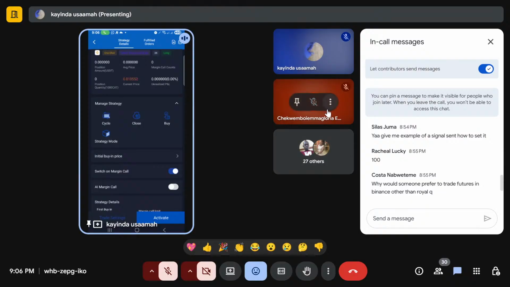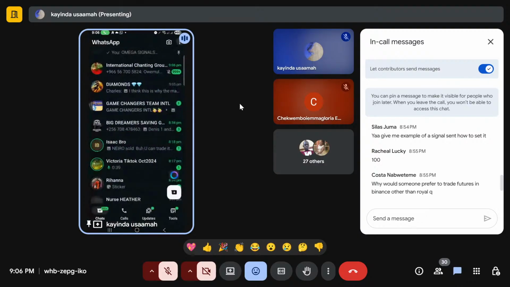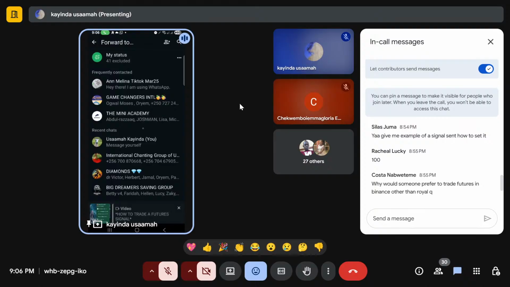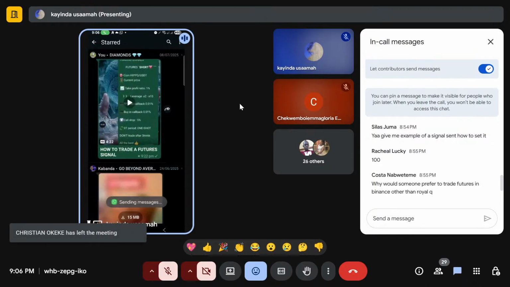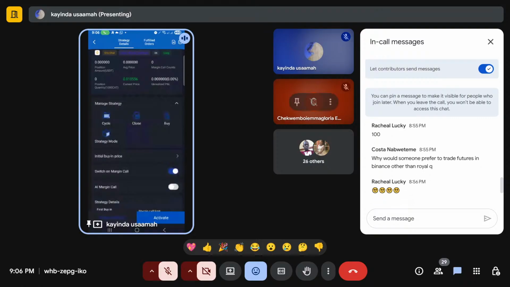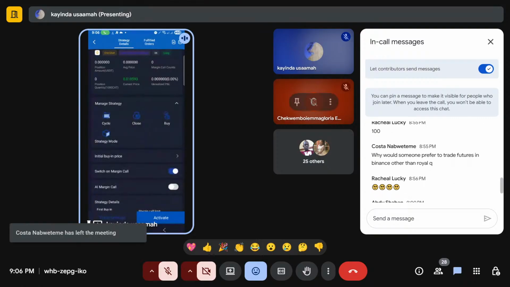There is a video showing you how to put a futures signal. I don't know which group you are coming from. If you are from the Diamonds, I'm going to send it there. If you are from the Game Changers, I've also sent it there. You can watch that video. It will show you how we put a signal given as a futures signal.